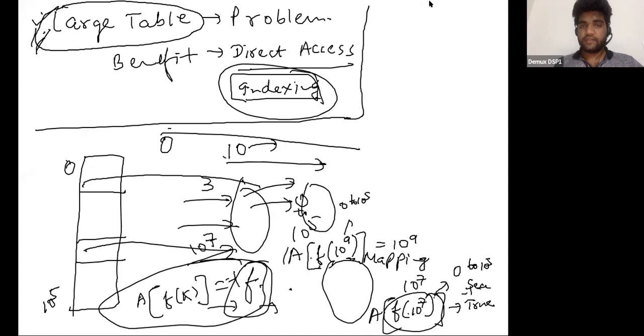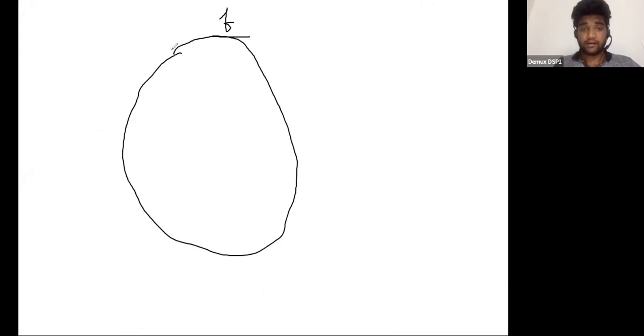Okay, so if this is clear, now let's double click on this f, this function that I'm talking about. This function takes a range which is very large. Let's say your data was actually in the range 0 to 10 to the power 20.